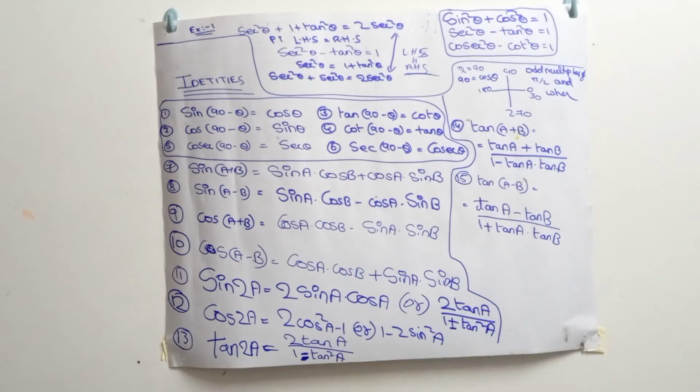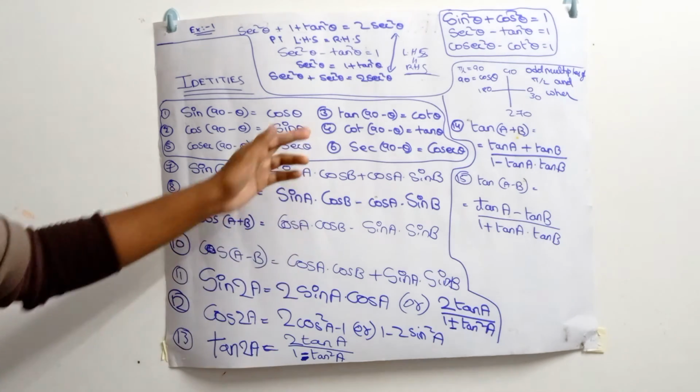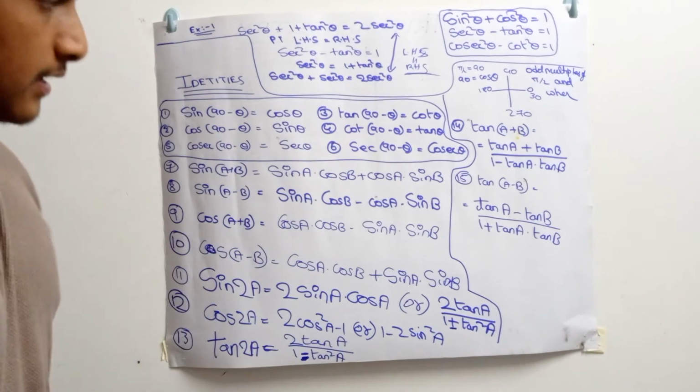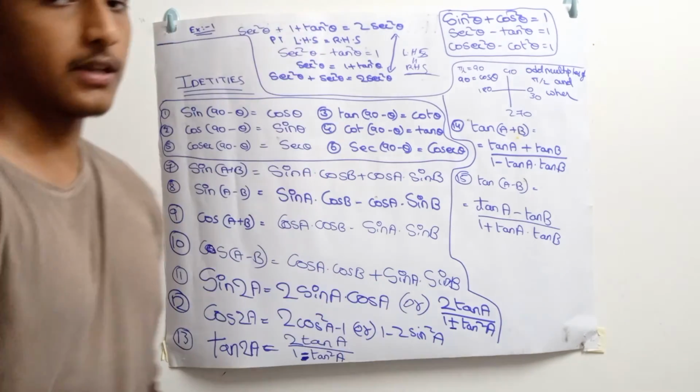First you guys copy these formulas. Okay guys, if you want, take a screenshot of this. Don't worry about this. I'll give a complete, crystal clear explanation. You will get full confidence on these 6 identities. I guarantee you that.